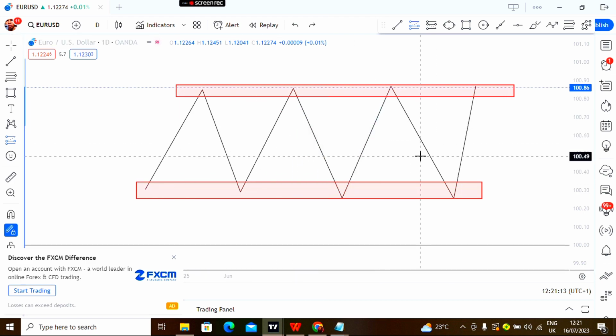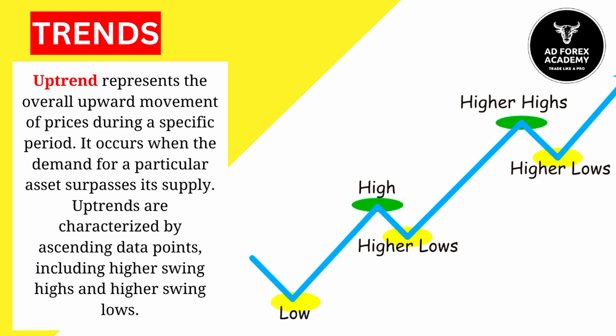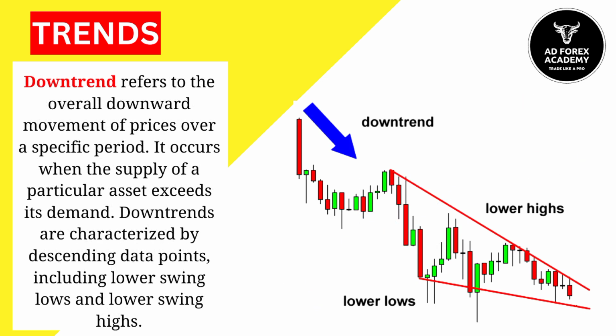To summarize, in an uptrend, the price generally rises during a specific time period. Demand outweighs supply in this case. When the price increases, it indicates a higher demand for that particular product, which drives the price up. Conversely, in a downtrend, the price generally declines during a specific time period. Supply surpasses demand. It is as simple as that.